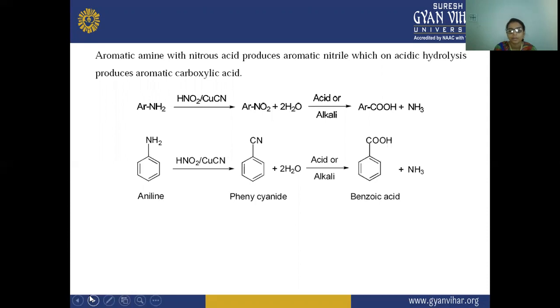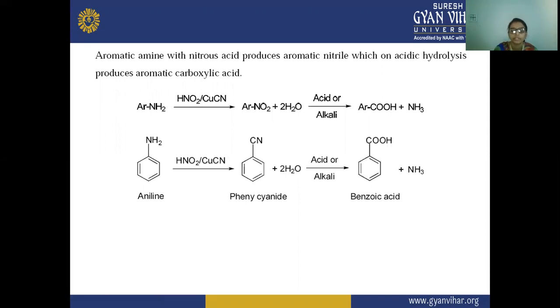So this nitrous acid is reacted with this aromatic amine, there is a formation of aromatic nitrile, where CN will attach to it, and with acid hydrolysis there is the formation of aromatic carboxylic acid.